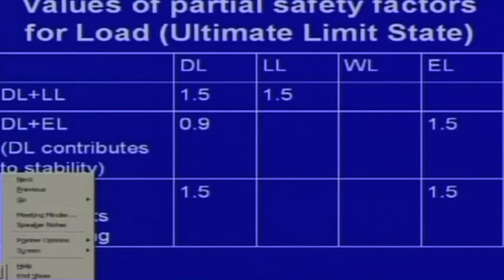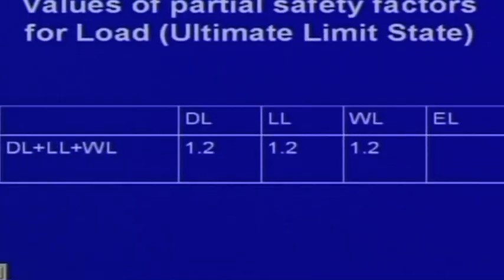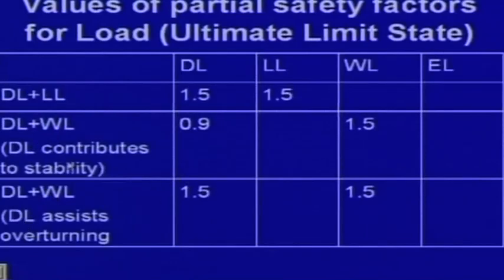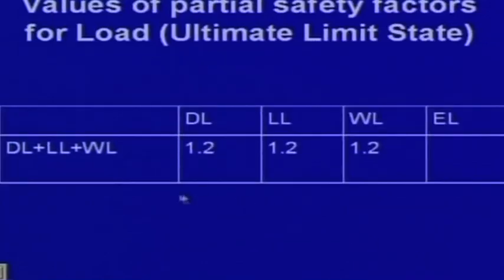Okay. So, similarly for dead load and wind load also we have this one. We shall come to it in detail at the time of design; this is just to give you an estimate of how that factor comes. Now, we can have dead load, live load and wind load also.